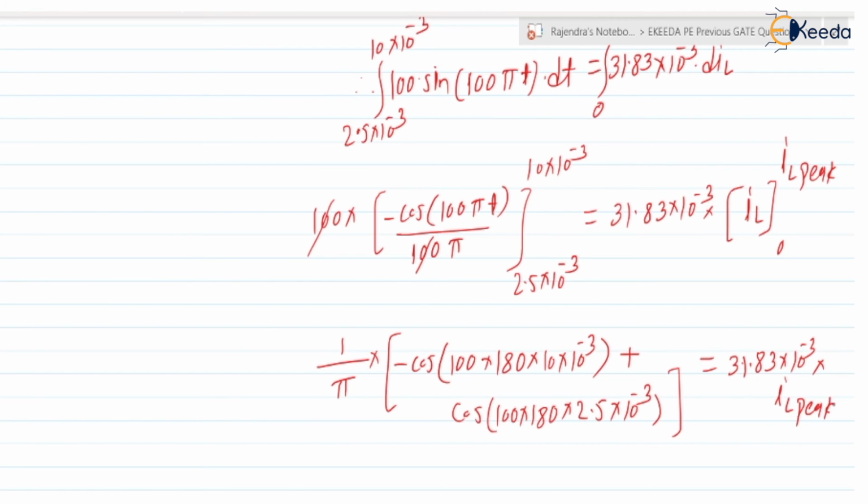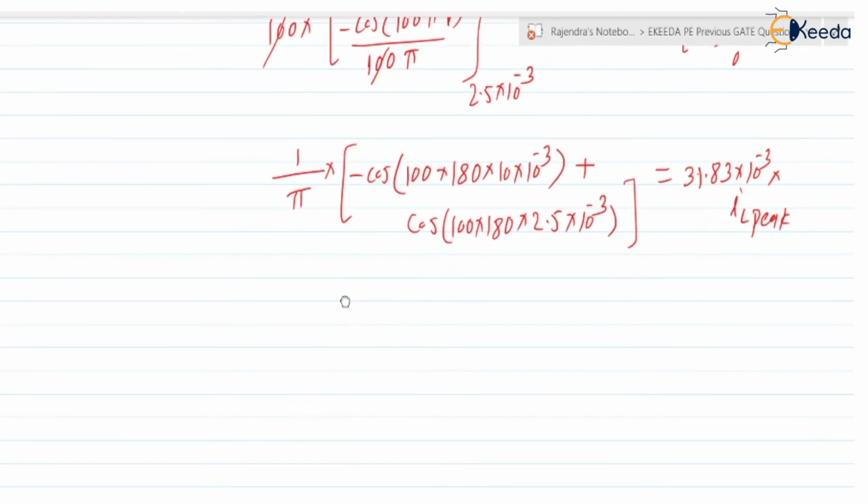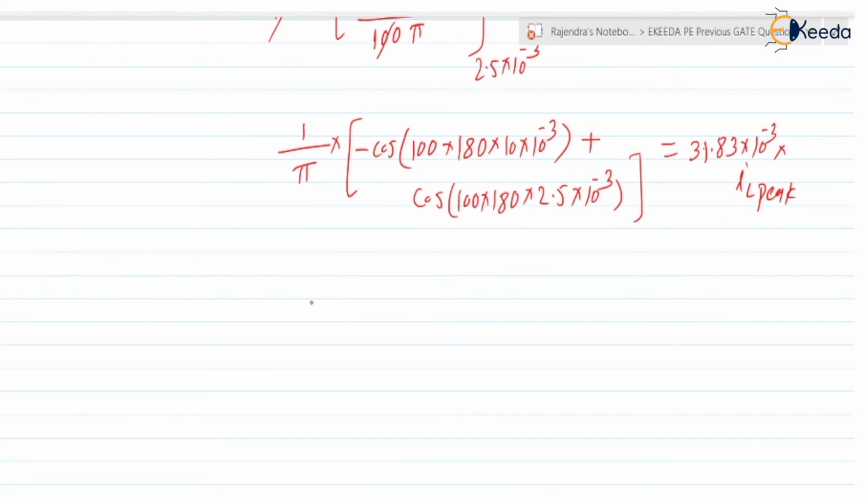This simplifies to 1 by pi into cos of 100 into 180 into 10 into 10 to the power minus 3.